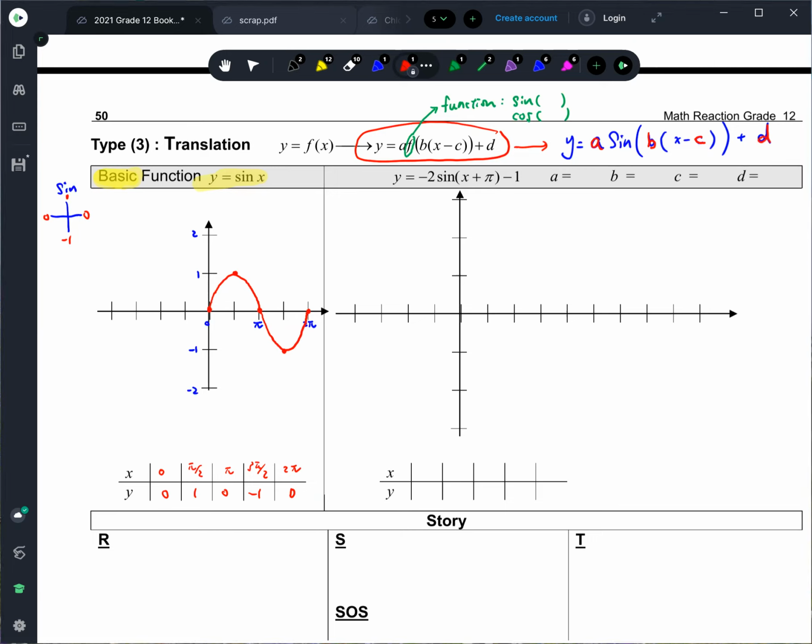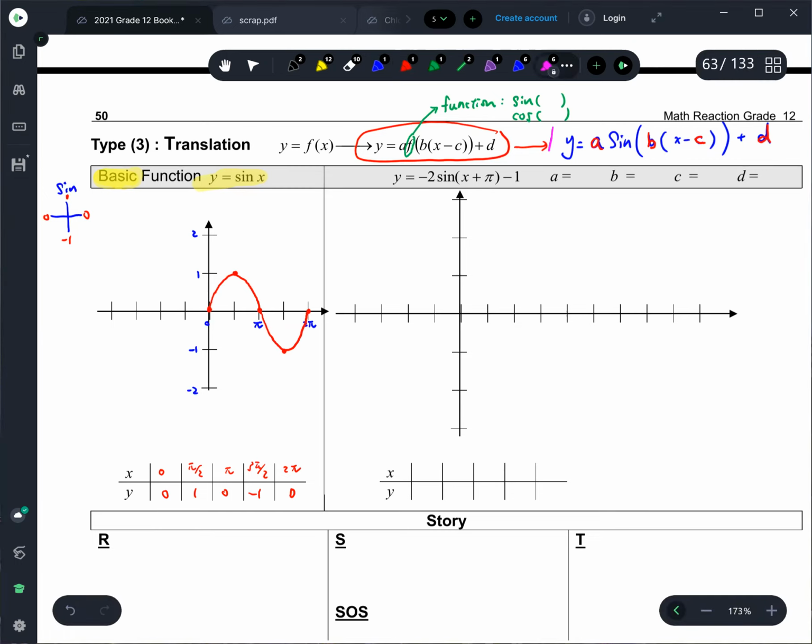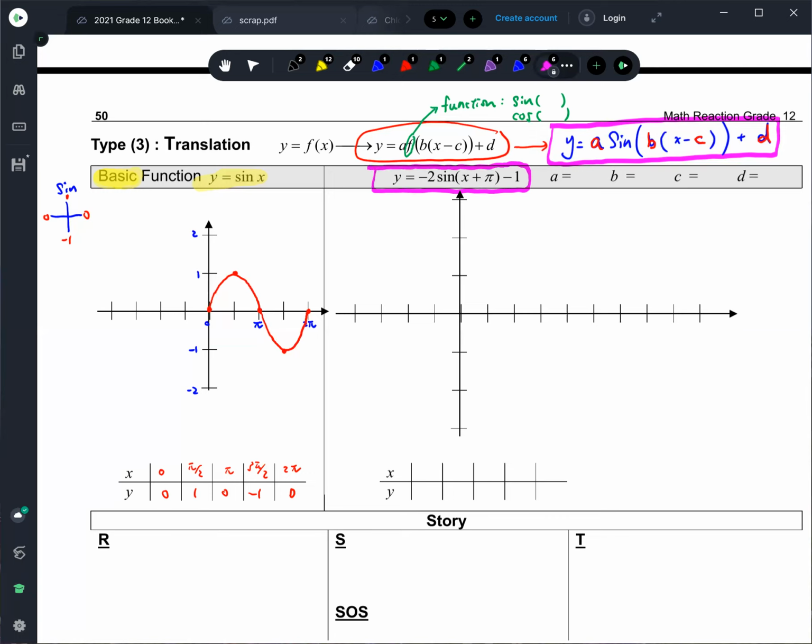And then you will compare this one, the one I put a box around, right? Compare that with the question to figure out what should be the ABCD. Okay, once you found out the values for ABCD, please raise your hand.